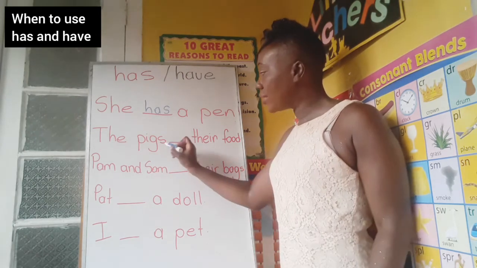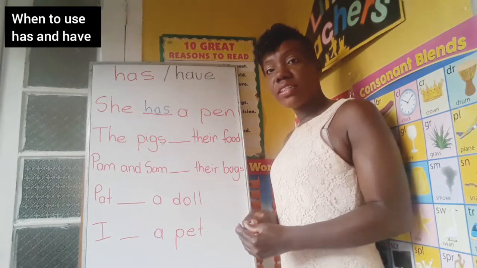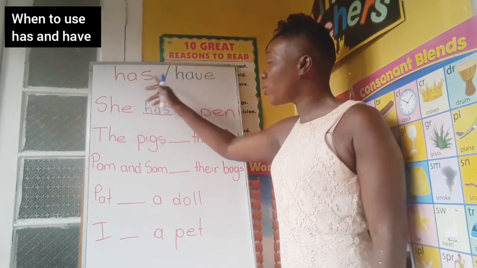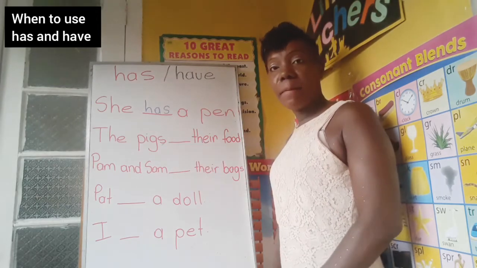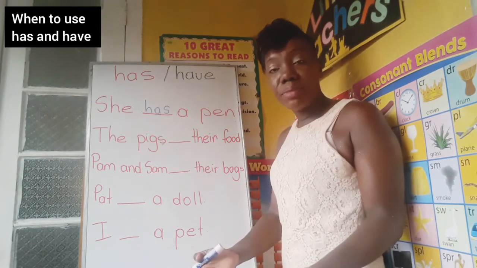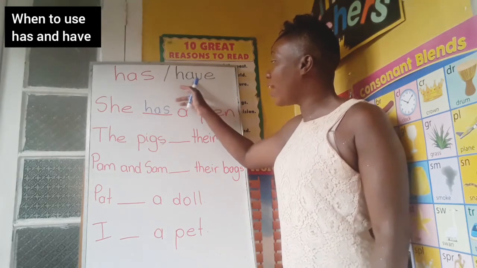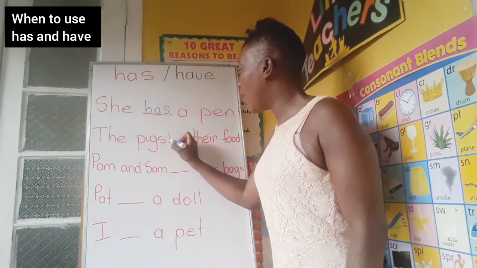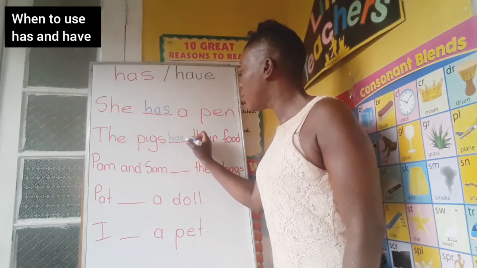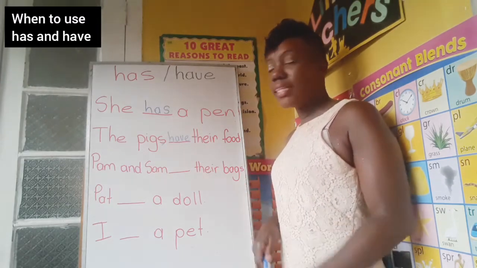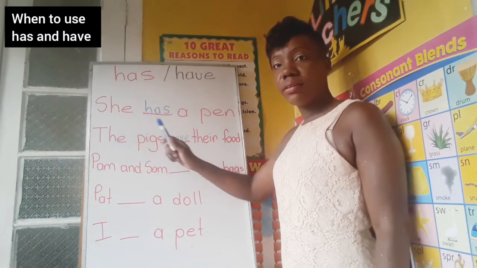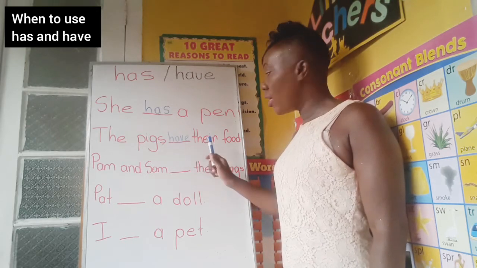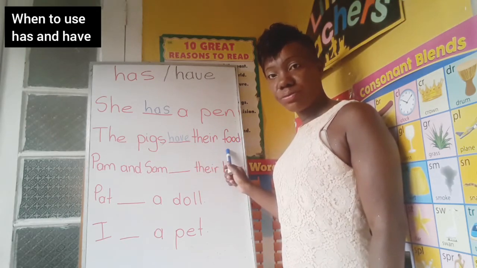Because of the S. And it shows that it is more than one. It's plural. So which one of these words will we use to put on the line? Have. Beautiful. Because we use have with plural nouns. Have. Now let's read our sentence. The pigs have their food.